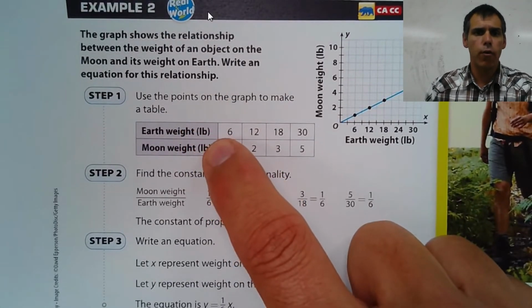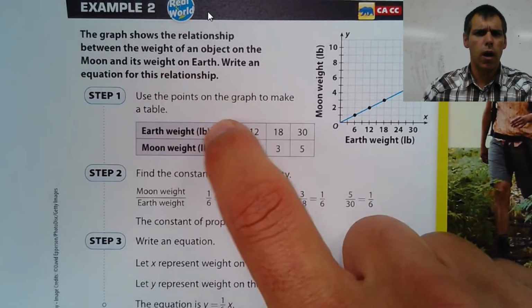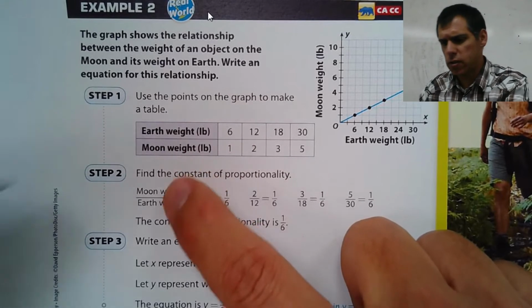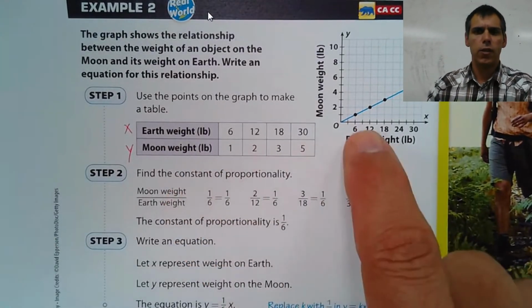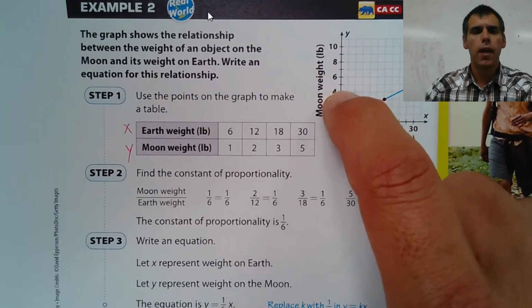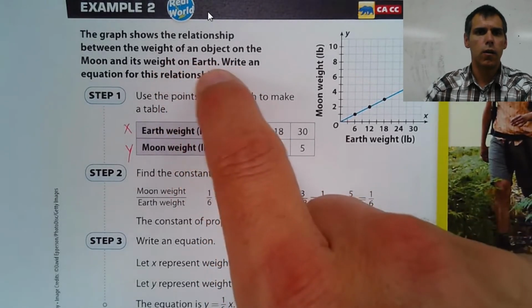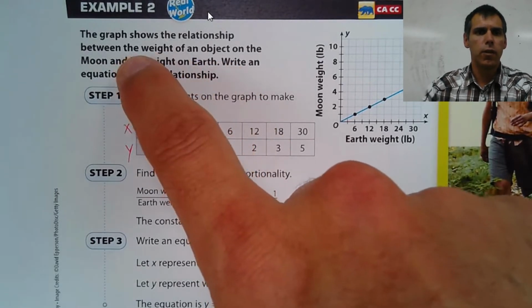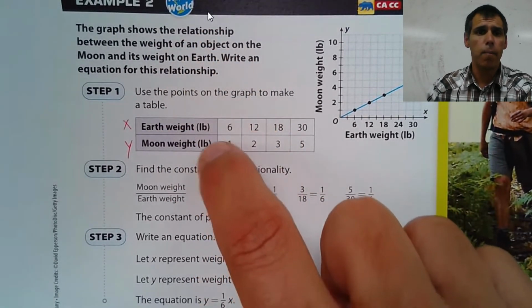Okay, so we have Earth and Moon, and so Earth is x, the Moon is y. We can see Earth is the x-axis and the Moon is the y-axis. Well, we're going to figure it out.